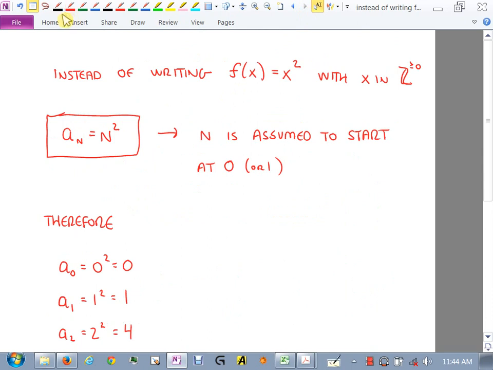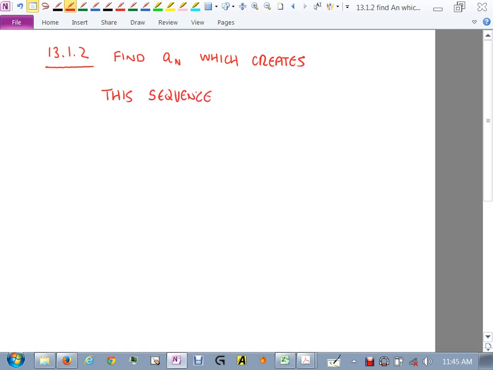So let's look at something here. I'm going to get to a fresh note here. Find a sub n which creates this sequence. I'm going to give you a list of numbers, and I want you to tell me what created it. Kind of like working backwards.